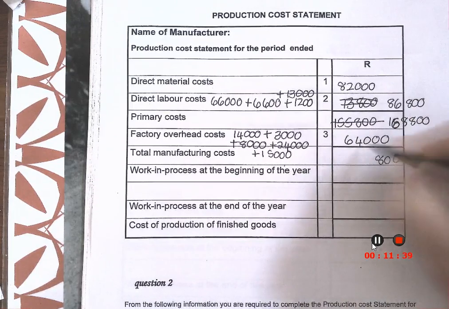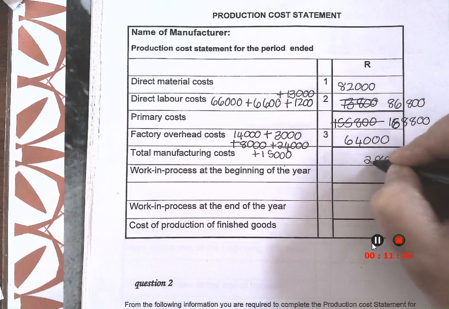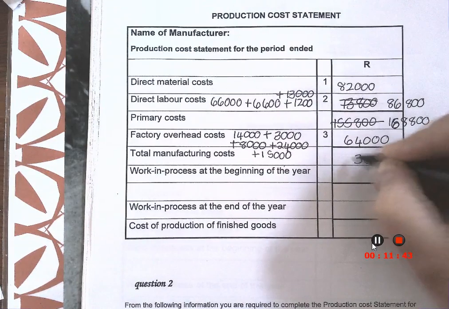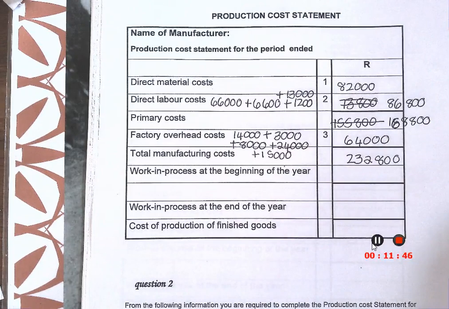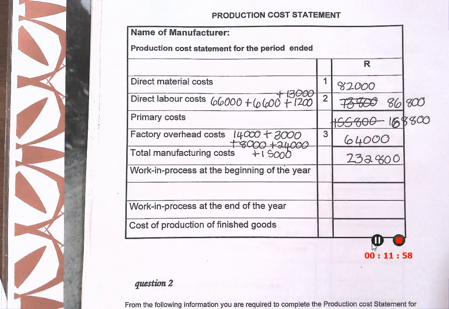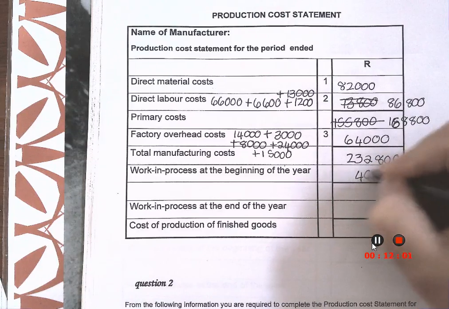Now I get my total manufacturing cost. 8 plus 4 gives me 12. Is that right? Now I take the opening for work in process, which is 40, so I'm going to add it.